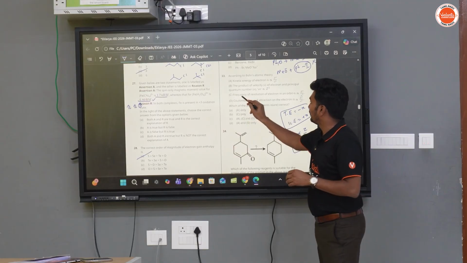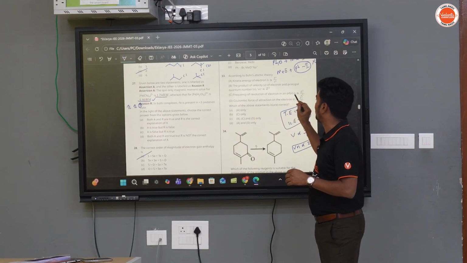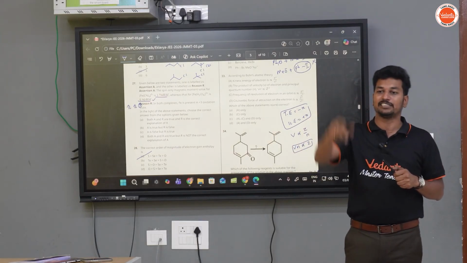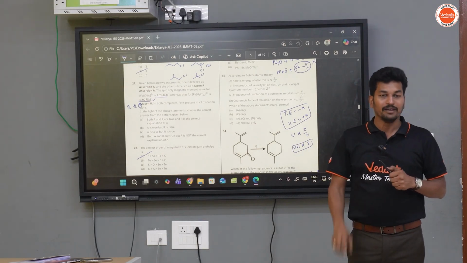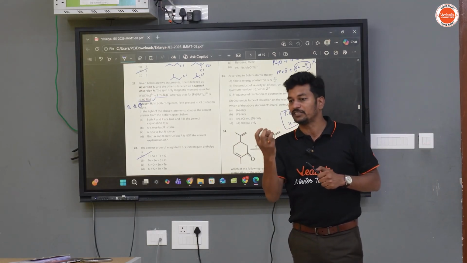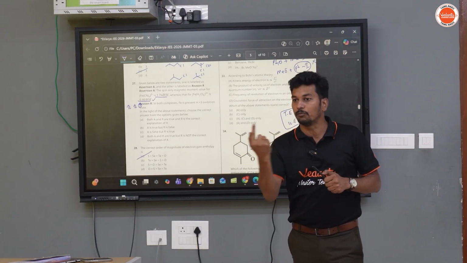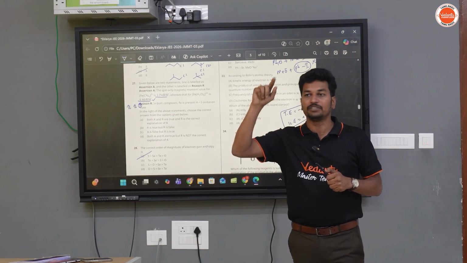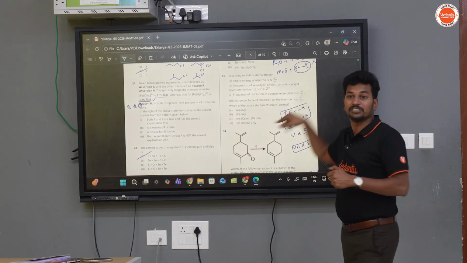Third option, frequency of revolution of electron in an orbit. Frequency of revolution and time period are exactly reciprocal to each other. We know frequency is proportional to z. Generally, when the effective nuclear charge is more, the electron moves with more kinetic energy and can do more revolutions. That's why you may have confusion. Is it z square by n cube or n cube by z square?